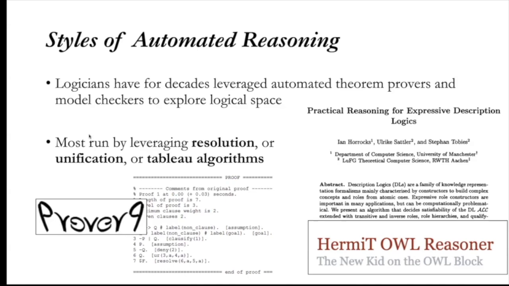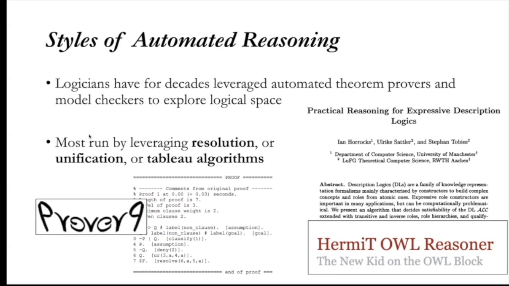But when I say reasoning, I'm going to be talking about drawing out consequences of that sort, often using automated strategies. The sorts of reasoners that you see in Protege or in the DL community are a species of automated theorem provers or automated model checkers for other languages. There are many other sorts of these things outside description logic. So here's an example, Prover9.